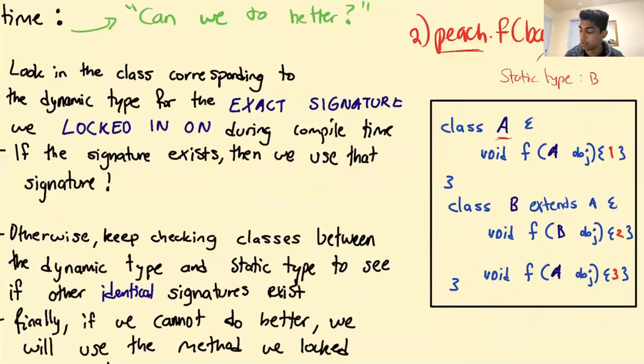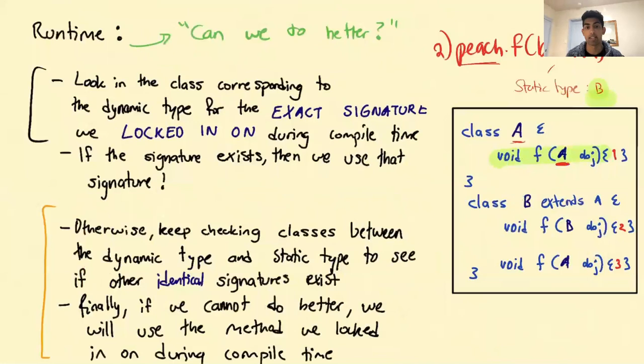In class A, we see that there isn't an F method that takes in an object of static type B. Instead, there is an F method that takes in an object of type A, and that's going to work because B is a subclass of A. So this method signature, while it's not optimal, will still suffice. During compile time, we will lock in on this method signature.